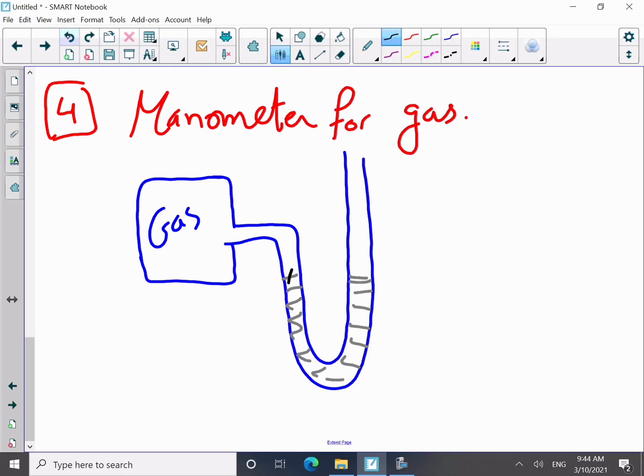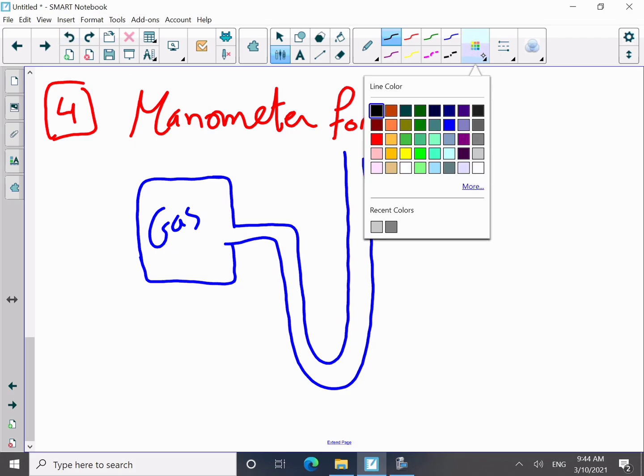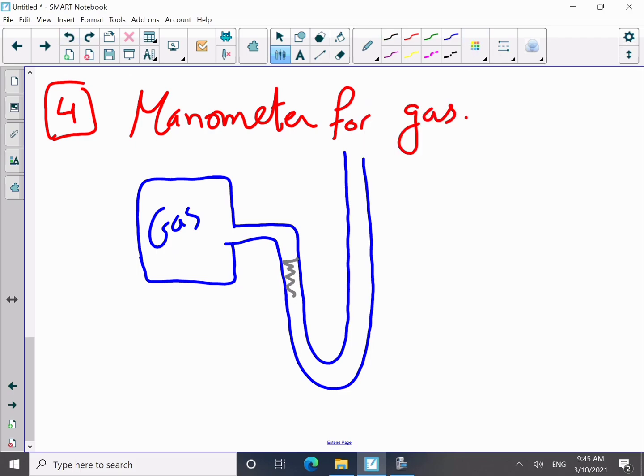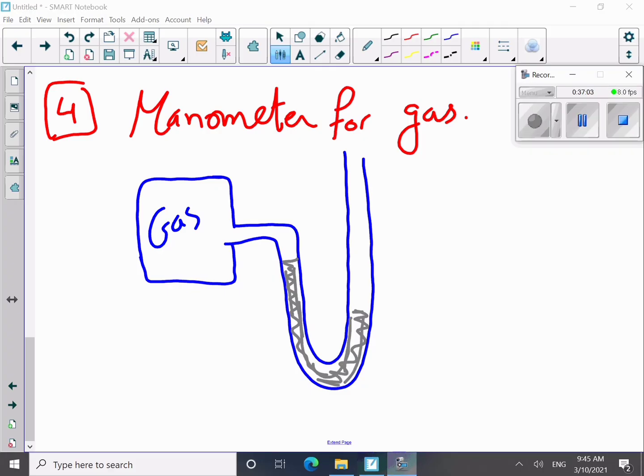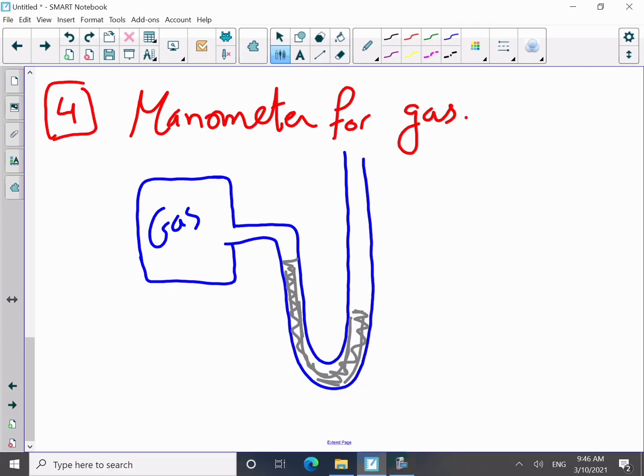But if we found that the height of the mercury in the connected tube changes, we have two branches. It is a free branch, and this is a branch which is connected to the gas.